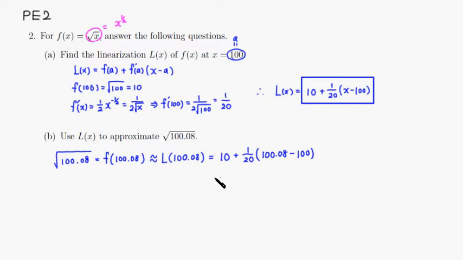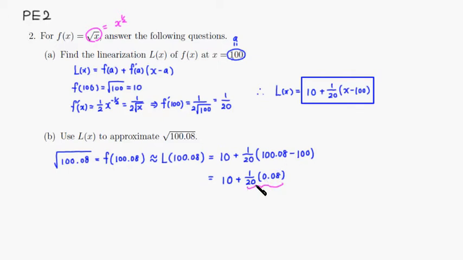So we just have to plug in 100.08. Then if you compute that, you will get 10 plus 1 over 20 times 0.08.